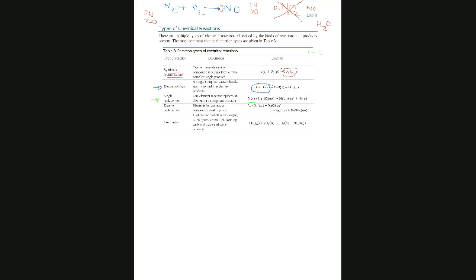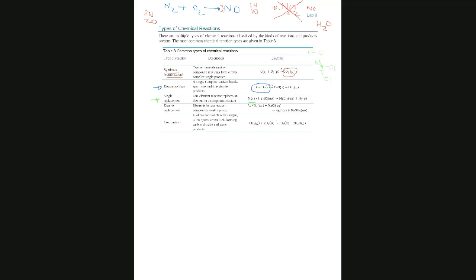It's replacing the hydrogen. Instead of being free as an element, it becomes combined. The magnesium is going to bond. Well, it's going to bond with 2 chlorines because it's group 2 and the oxidation number is 2.